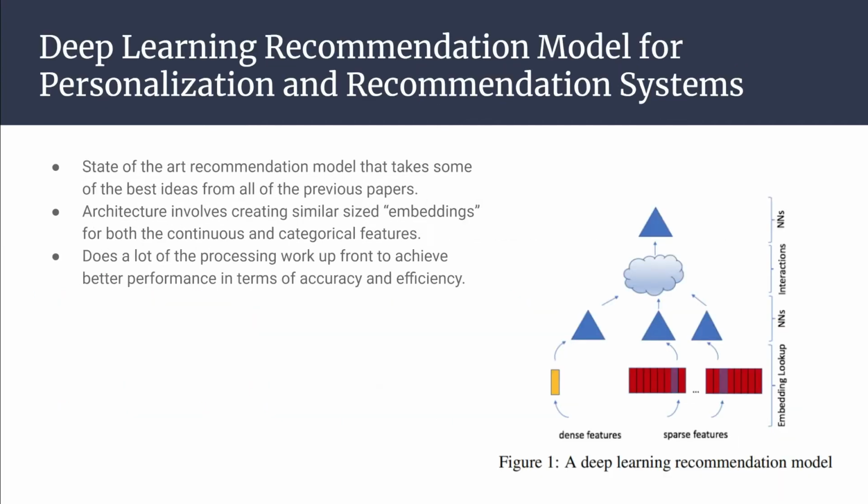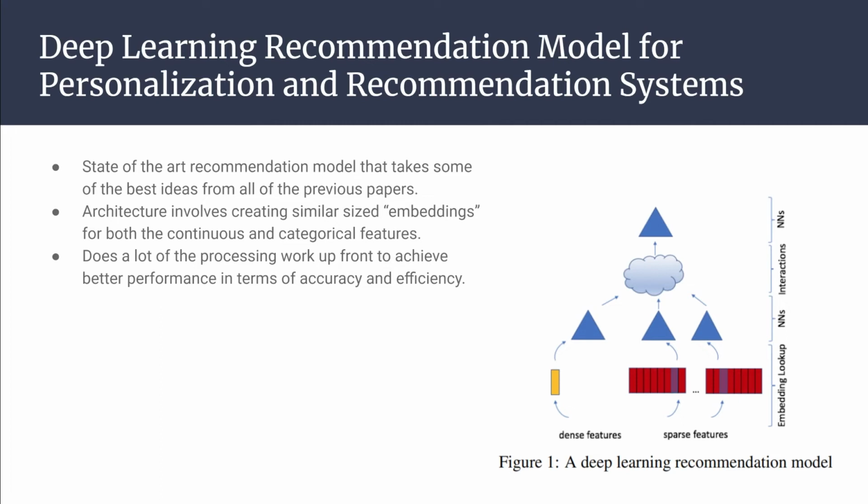And now for the last paper that we're going to go over for this presentation, it's Deep Learning Recommendation Model for Personalization and Recommendation Systems. What this model does is it takes some of the best ideas from the previous papers and creates a mishmash to create this state-of-the-art model that, as we'll see in the next slide, had really strong performance.